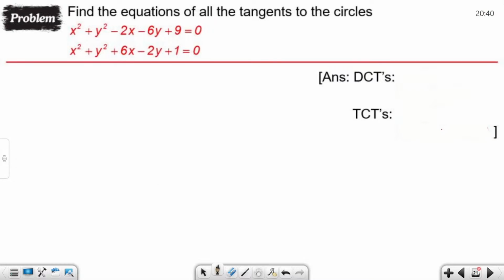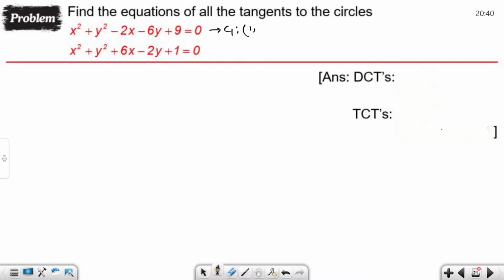See this question. We have to find out the equations of all the tangents to these circles. So for the first circle, whenever circles are given, as I told you many times, you first find out what is its center.